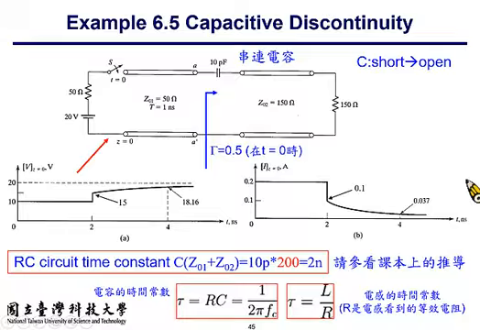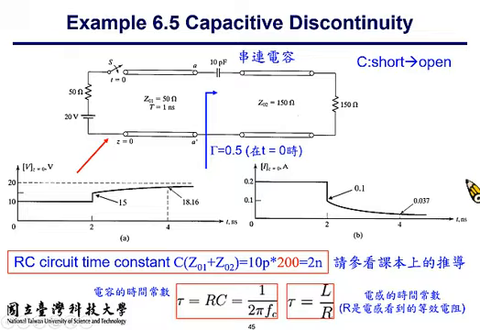Okay, so the overall time constant can be calculated quite straightforwardly as the product of C times Z sub 01 plus Z sub 02, and C is 10 picofarad. Z sub 01 is 50, and here is 150, so it's 200. So the time constant observed by this series capacitor is 2 nanosecond.